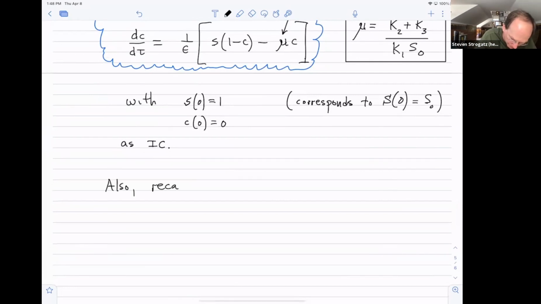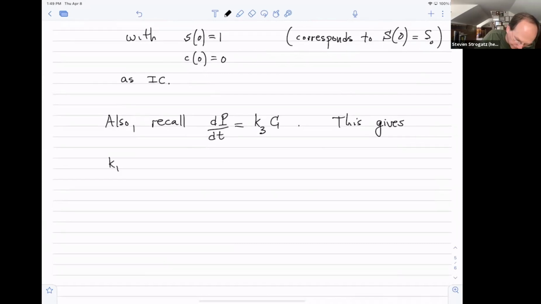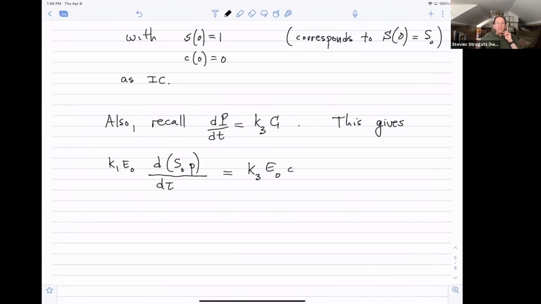Also, let's recall in dimensional terms, we had dP dt was K3 C. So after we non-dimensionalize it, this is going to give us K1 E0 d of S0 p d tau equals K3 times E0 lowercase c.